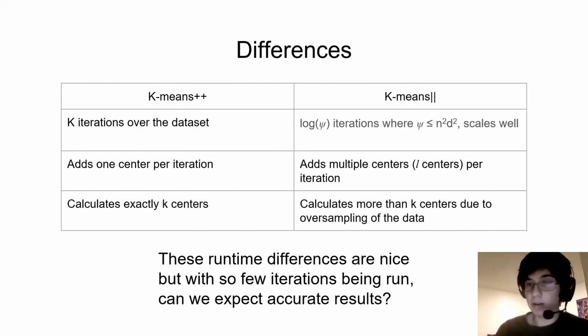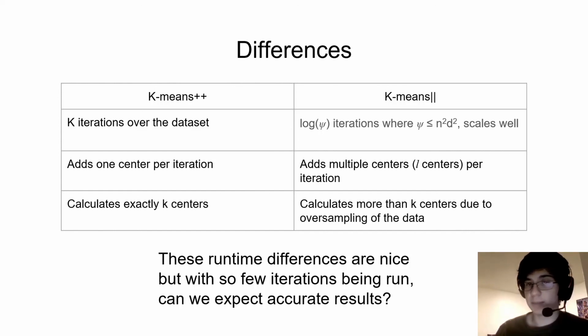Like if you had L significantly less than K, let's say L was 1/10 K, and you did 5 iterations, you're not even picking K centers, so you can't even get a representative sample. So it's good to be oversampling because you get more data than you need, and it can help provide more accurate results than undersampling.